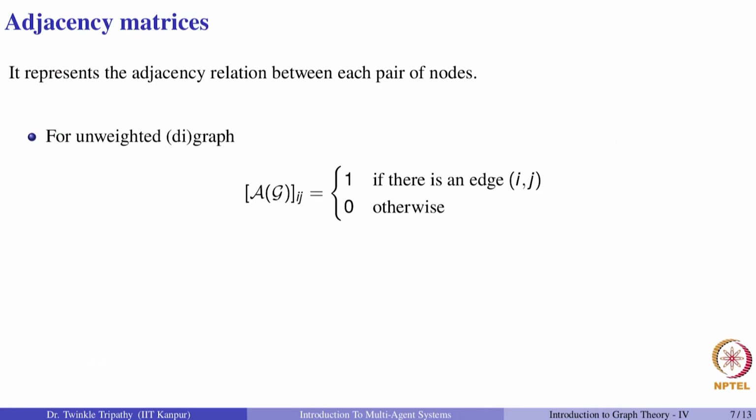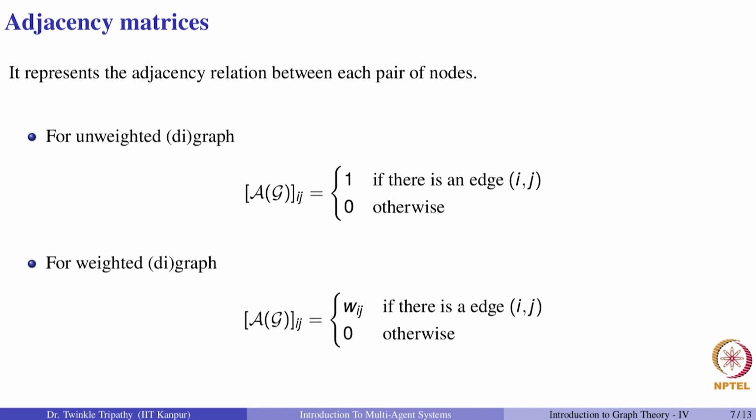It is known as an adjacency matrix. An adjacency matrix simply represents the adjacency relation between every pair of nodes. What does that mean? If we have an undirected graph, then the ijth entry of the adjacency matrix is equal to 1 only if there is an edge between i and j, and is otherwise equal to 0.